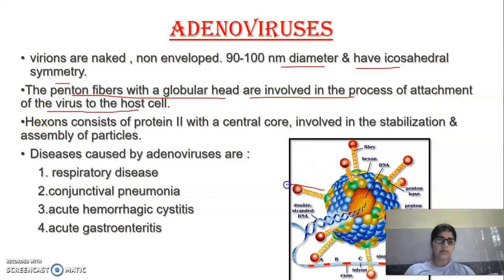These are the pendant globular structures. Hexons consist of protein 2 with a central core involved in the stabilization of assembly of particles. Diseases caused by adenoviruses are respiratory diseases, conjunctival pneumonia, acute hemorrhagic cystitis, and acute gastroenteritis.